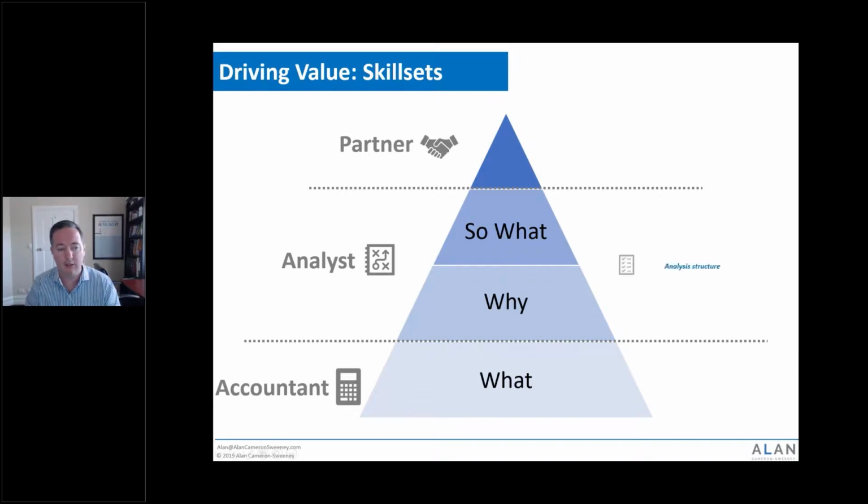And then along with that, we also have analysis structure. So there's a few more things we can do on top of the pyramid layout, like more elements where we can improve the impact of our analysis. And that's writing analysis that actually drives action. Because when we communicate to clients, whether it's a report or an email, you need to be able to tell people what you need from them.